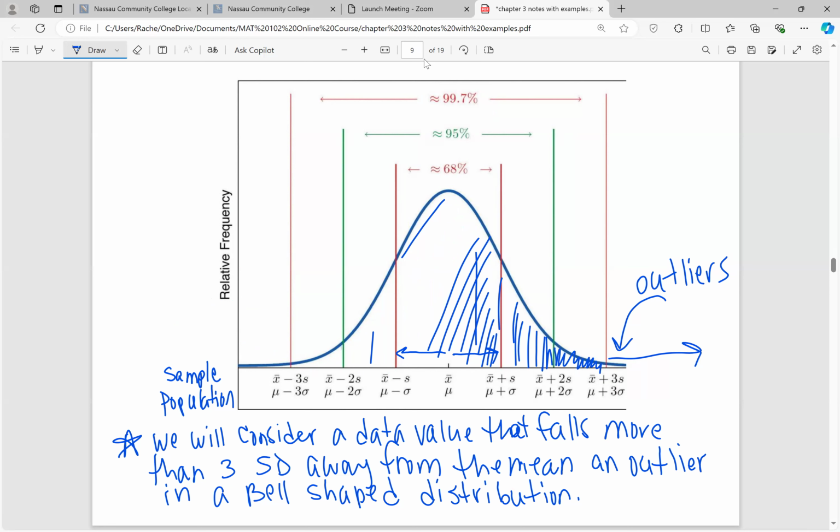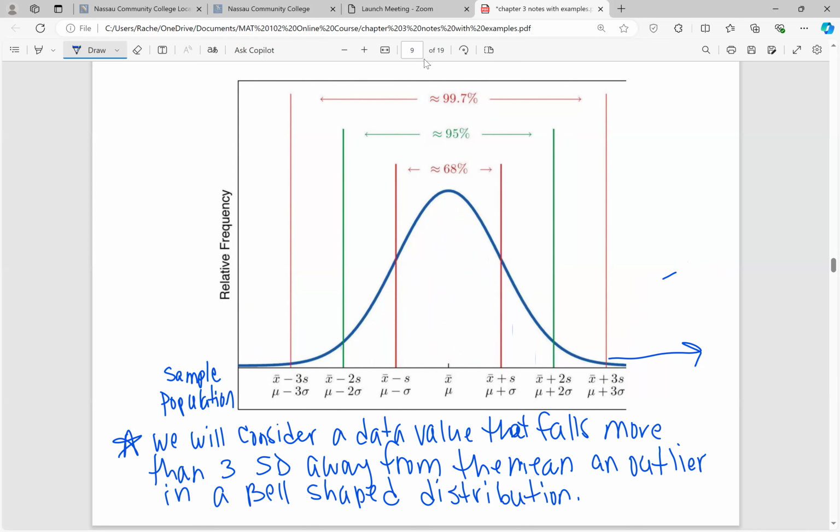So let me just delete what I have drawn here, and then I'm going to label some smaller areas within this distribution. Because this is going to be helpful when we answer some questions in a minute and then in your MyStatLab homework questions.